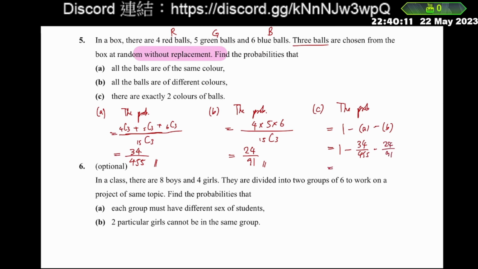And then we just press the calculator. And this is 43/65. So sometimes this is also about the reverse problem. Sometimes if we find the reverse problem, the 1 minus case, the opposite case is easier to count, then do the opposite.